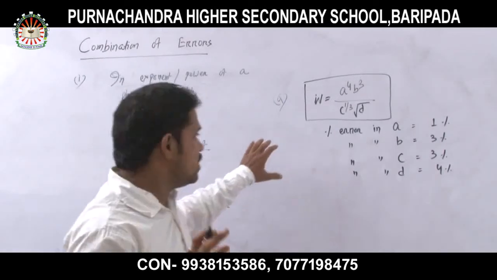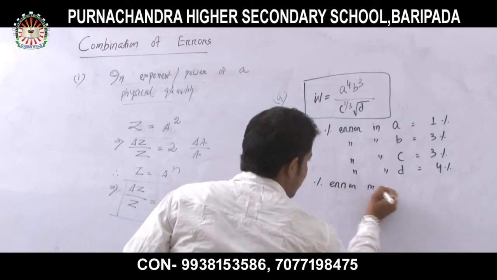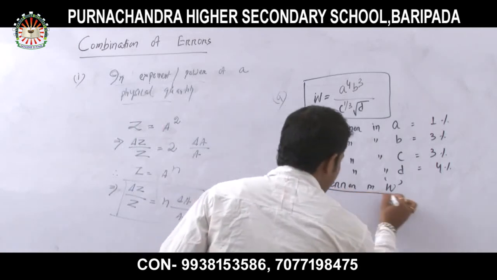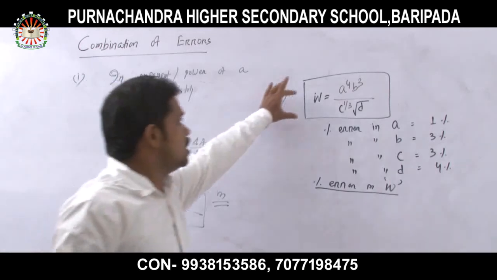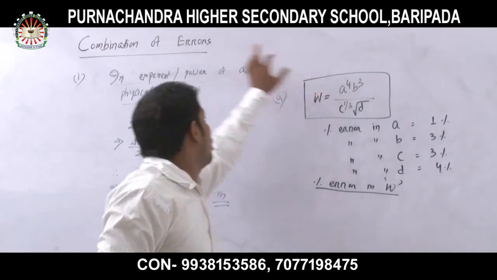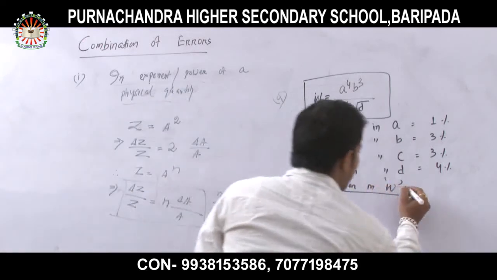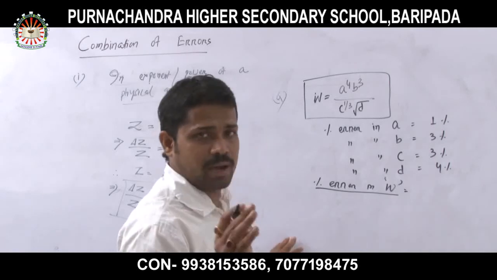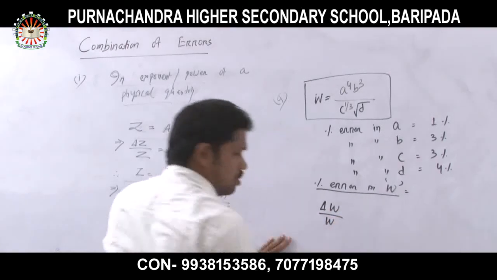Clear? And what is our aim? Now our aim is to find out the percentage error in the physical quantity W. Clear? So now as we just discussed, this is a combination of also division and also power or exponent. So now we will follow the same formula. That means we are going to find out the relative error. So relative error is del W by W. Look very carefully.